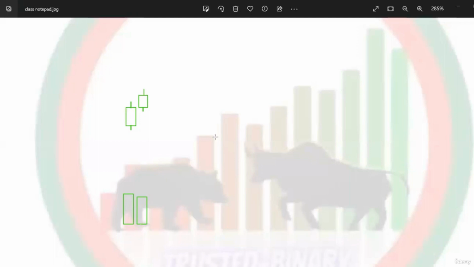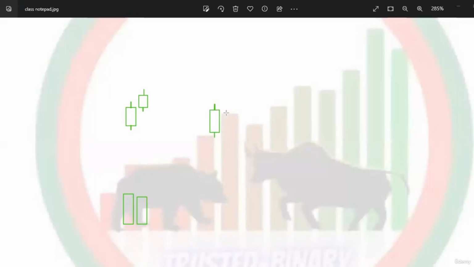But in Delta River, in one candlestick, suppose this is a candle, we will get data on what is happening inside.